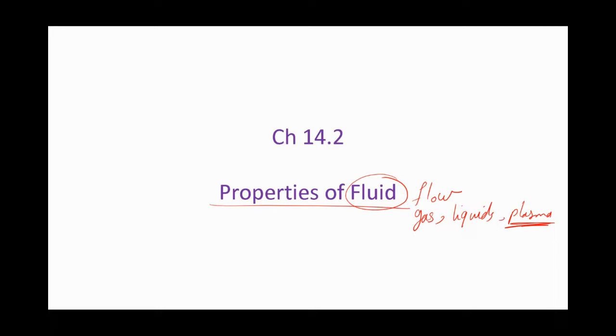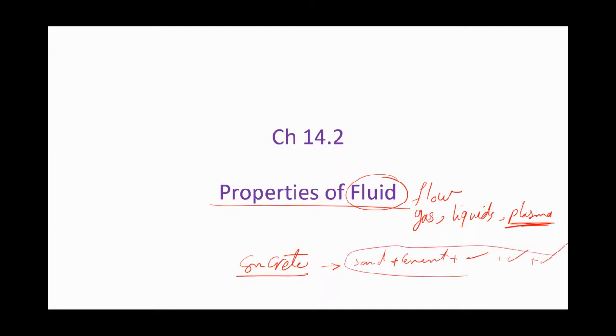Muhammad asks, so all states of matter are fluids except for solids? Actually, even in solids, sometimes the solids are fluid. Let's take concrete, for example. Concrete is a mixture of what? Maybe sand, cement, granules, water, and maybe some other additives.